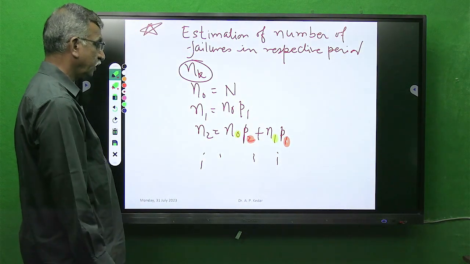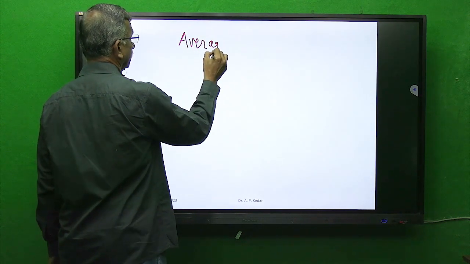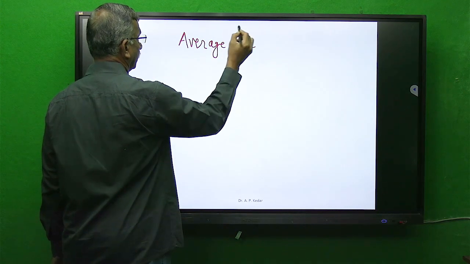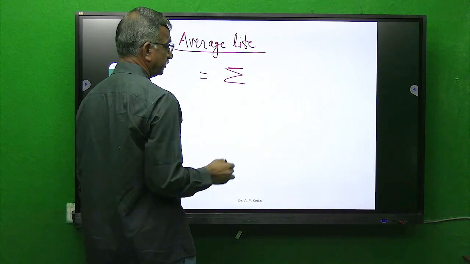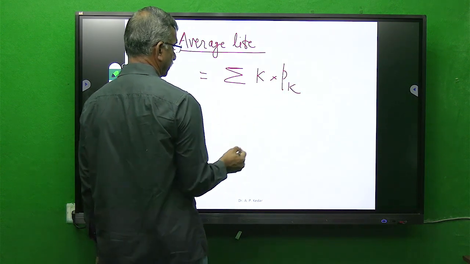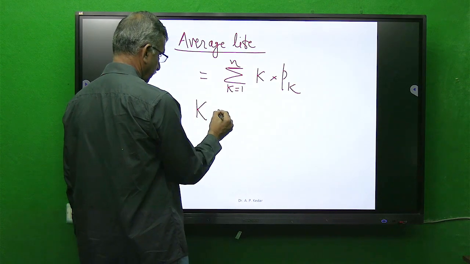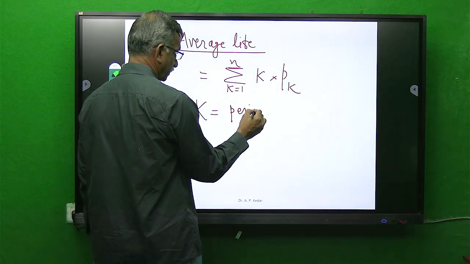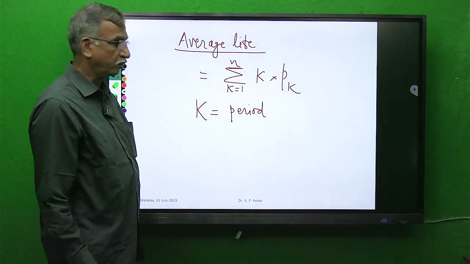Then what is required next is the estimation of average life. Average life is given by the relationship summation of K into Pk, where K ranges from 1 to N. K is the period; the unit may be weeks, months, whatever is given in the problem.